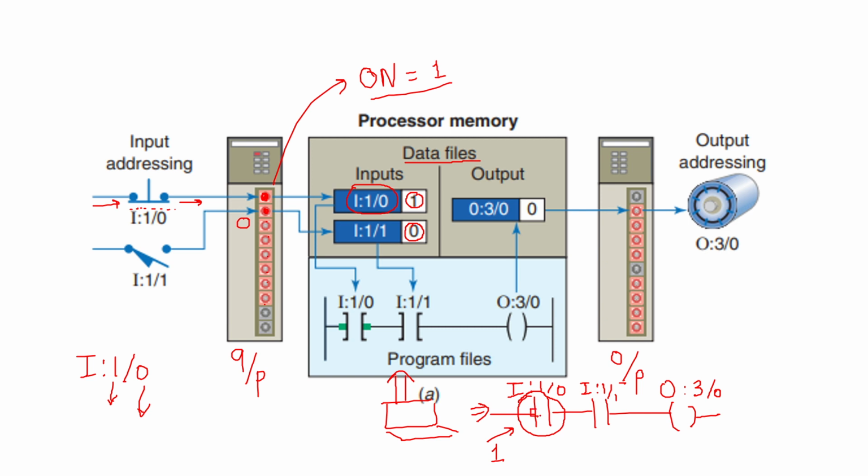But I:1/1 is getting signal 0, so it stays open. 0 means do nothing, and 1 means turn on.